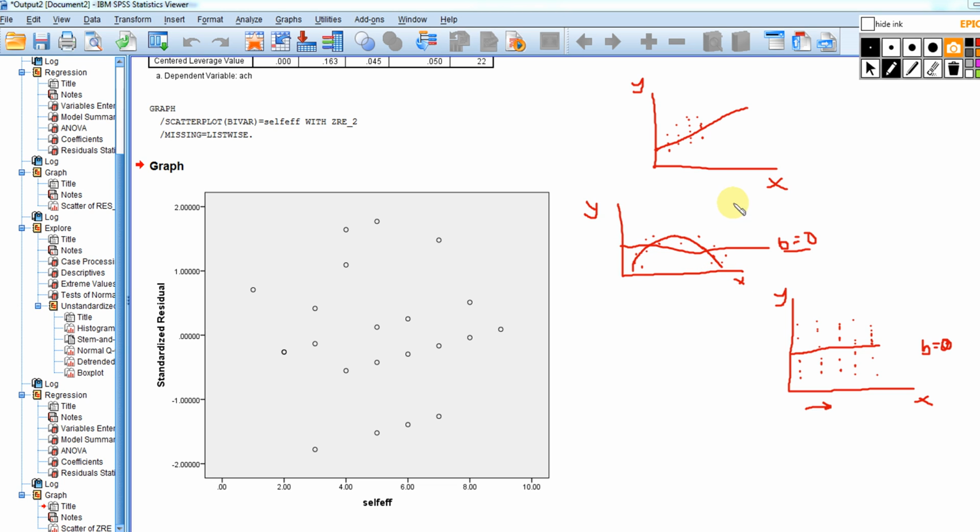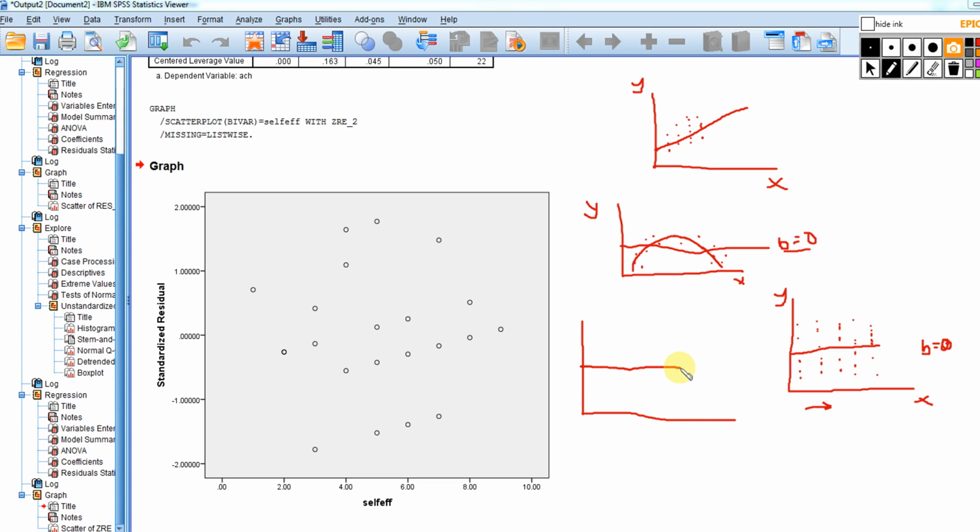If you happen to have a plot that does this, where essentially you can see that there's a curvilinear trend or some other nonlinear trend. What you want in a residuals plot is random distribution and no pattern emerging in terms of the residuals.